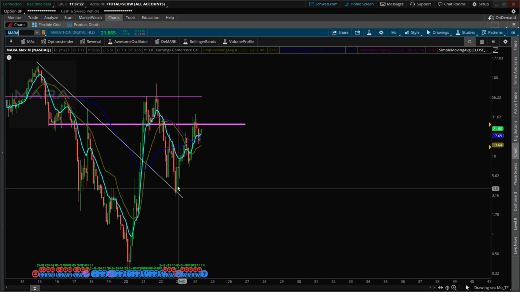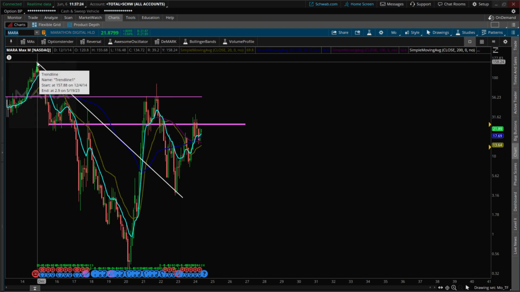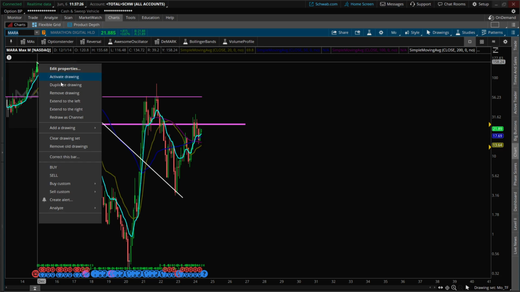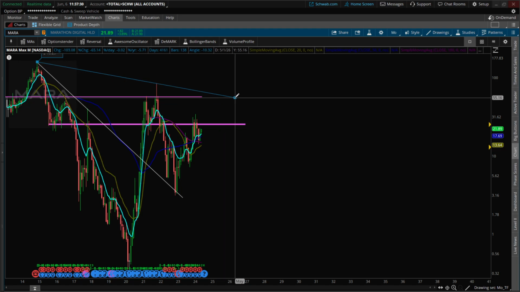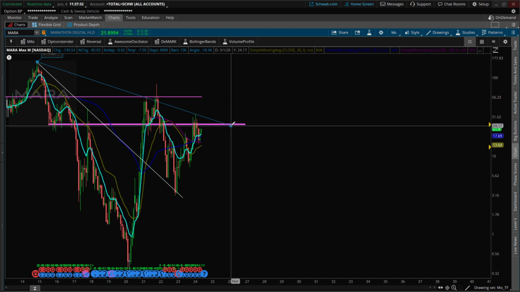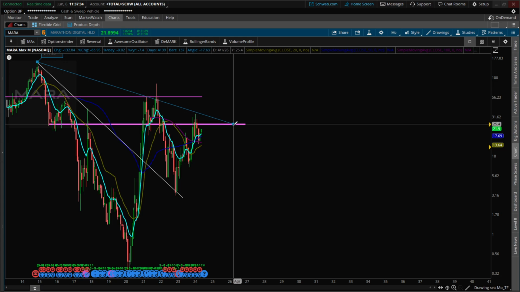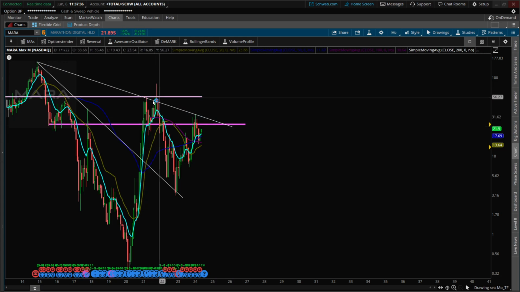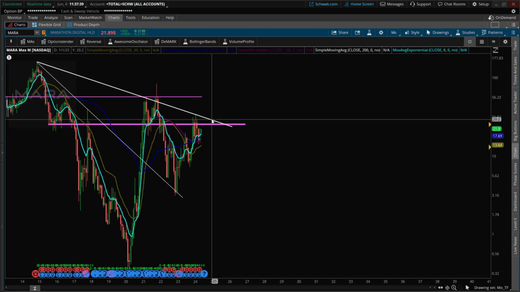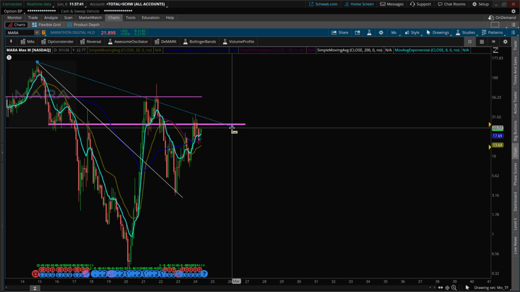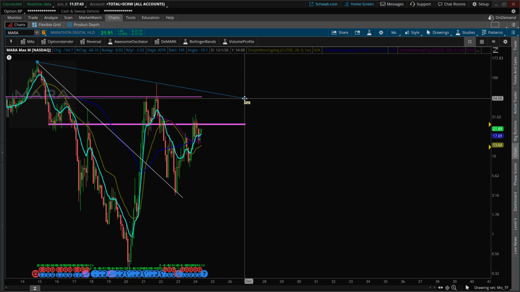And that would give us the neckline. Let's add this in here. That would give us the neckline up here. And some would even argue that this is it right here with the wicks and using the body there. We're going to give the benefit of the doubt here and use this one.